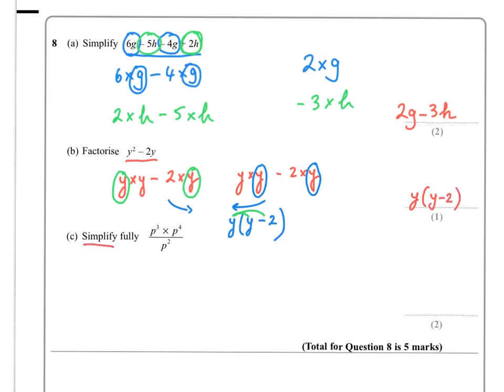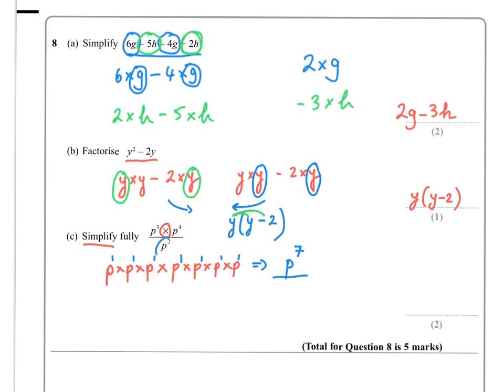Now in this one we want to simplify fully. So on the numerator we've got p times p times p multiplied by p times p times p times p times p. So how many of these do we have? Well, they're all to the power 1, and the rules of indices say that we add the powers, so we'd end up with p to the power 7.